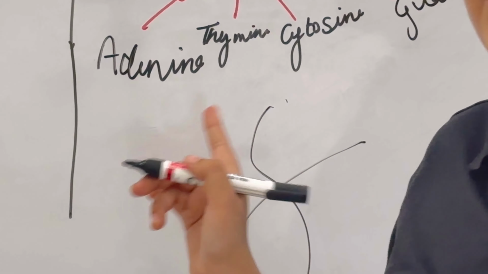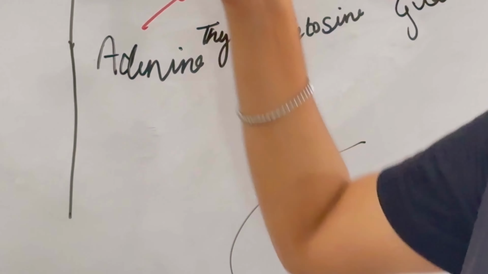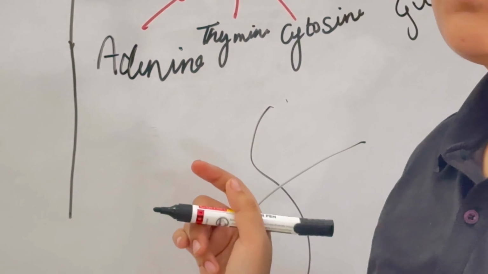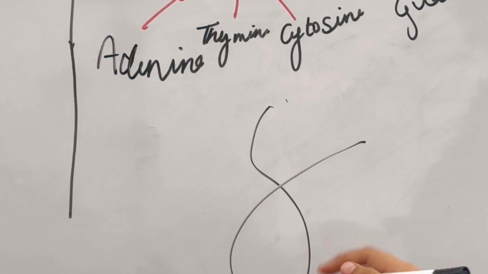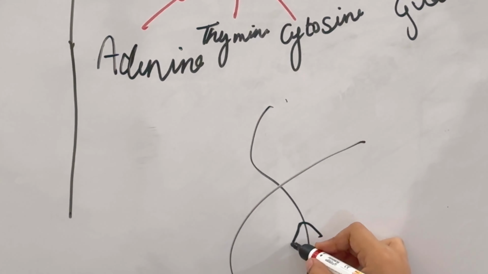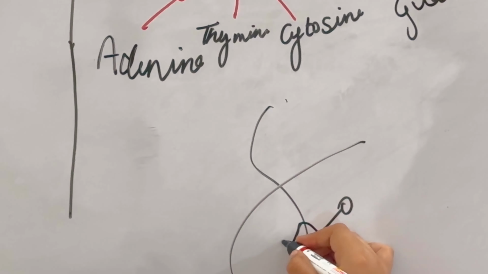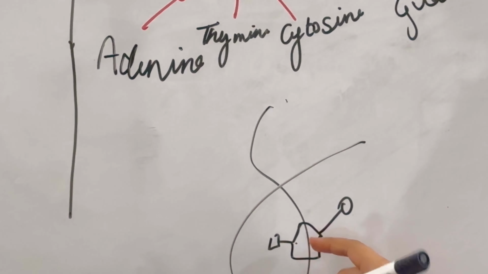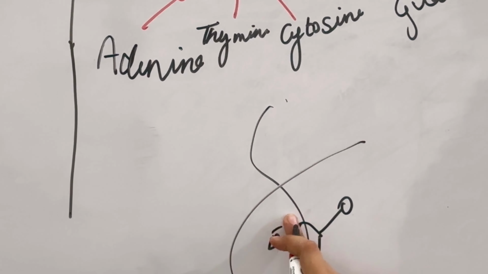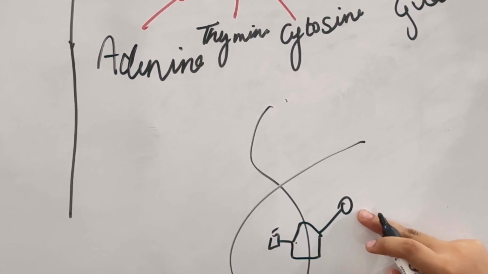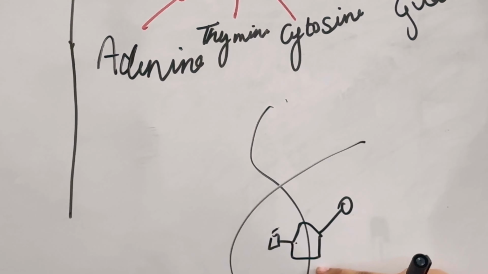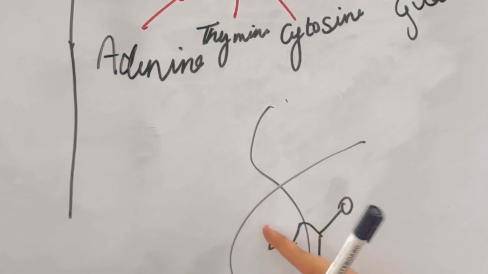Even though I have covered this in the first part of this chapter, you can also watch that. I'm not going that deep in this video, sorry about this, because I've already told you. So this is one nucleotide, this is your inorganic phosphate, this is your pentose sugar, and this is your nitrogenous base. Actually I've only made one.